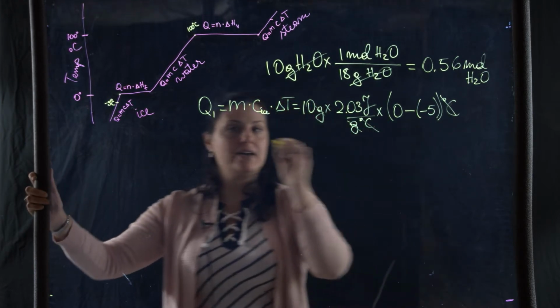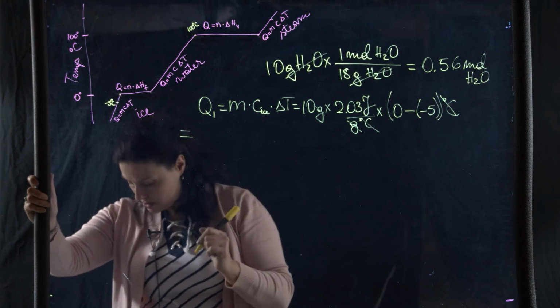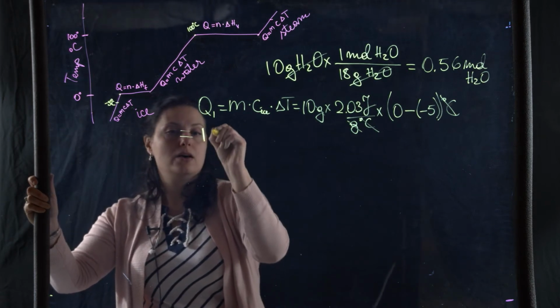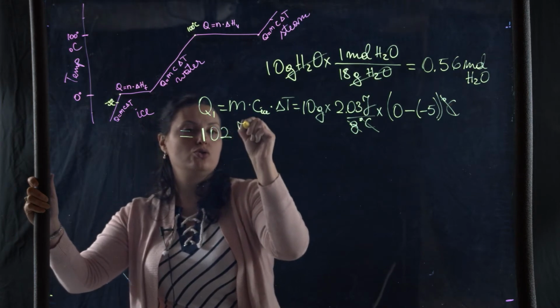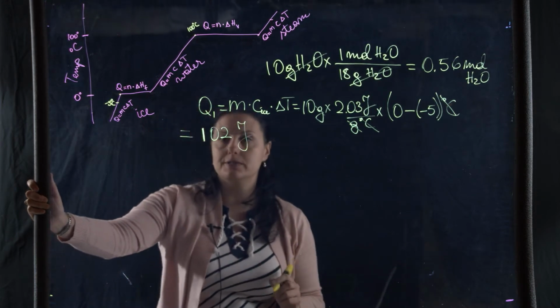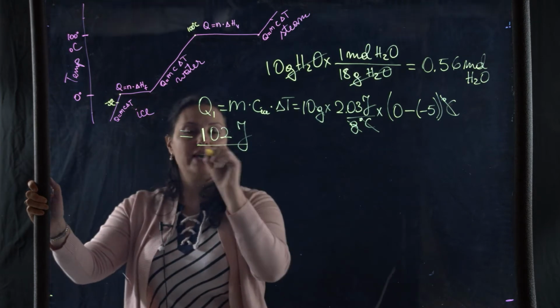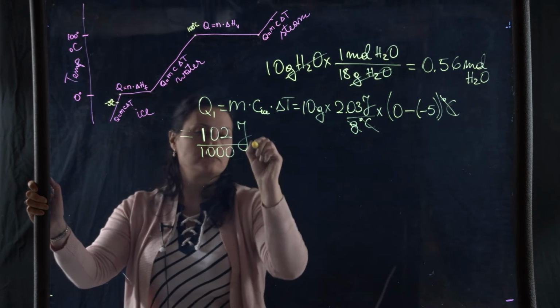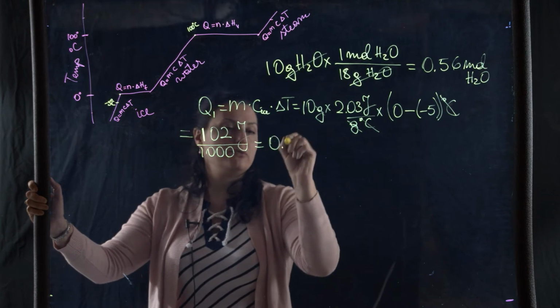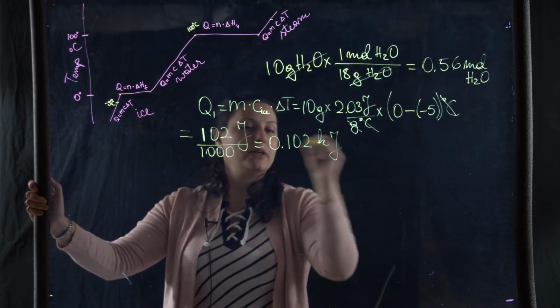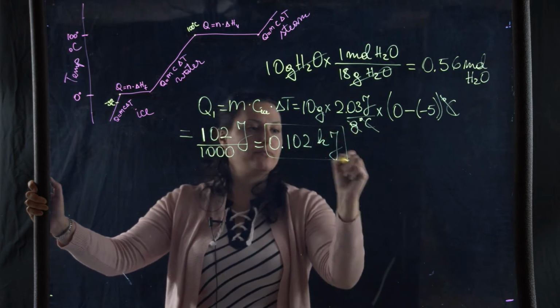This gives me 5, so that comes out to be 102 joules. Let's convert it to kilojoules by dividing by 1,000, and that comes out to be 0.102 kilojoules. That's my first step.